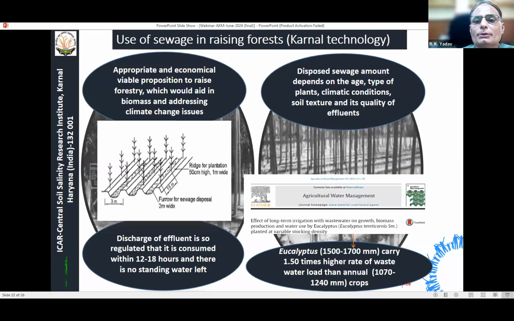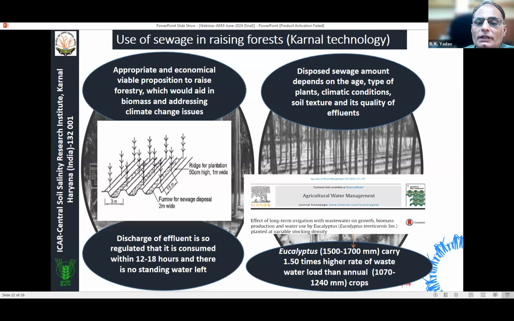And another technology we had is the use of domestic sewage as well as industrial effluent through forestry operations. And popularly, it is named as a canal technology. It is very well adopted by industry people in the whole of the country. And here we have tried eucalyptus, leucaena, and one more species that is poplar.